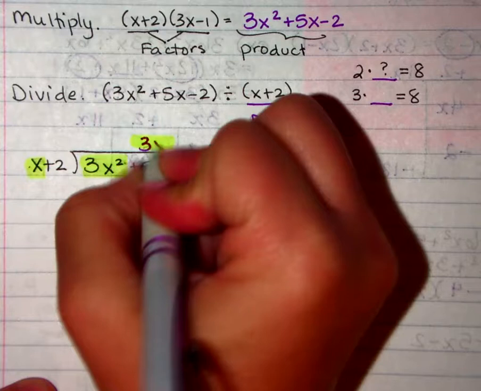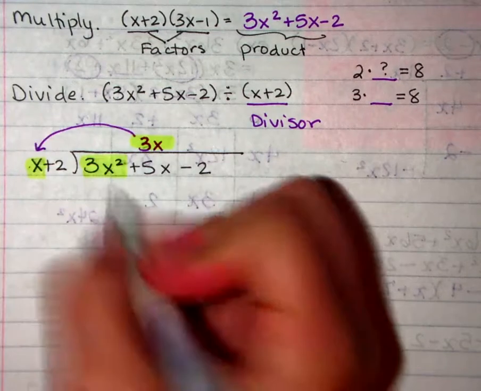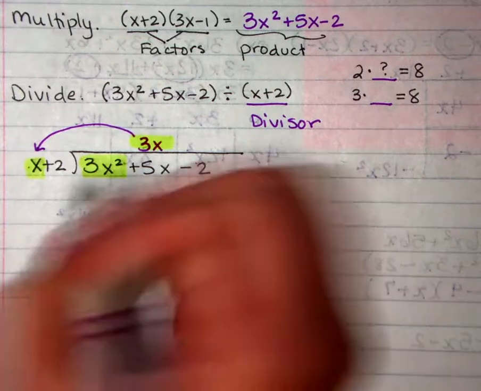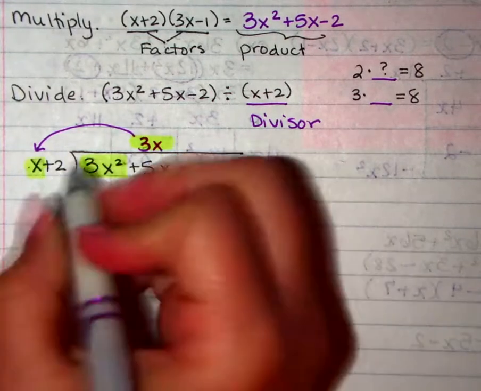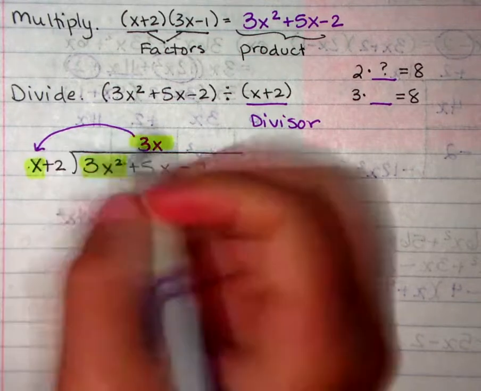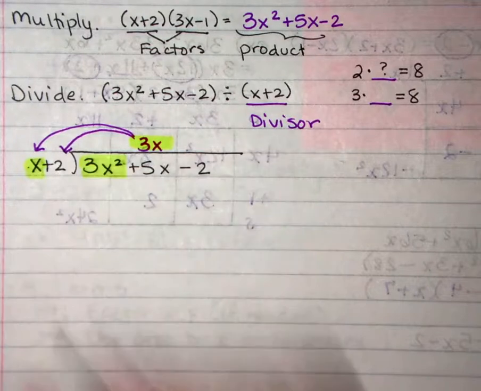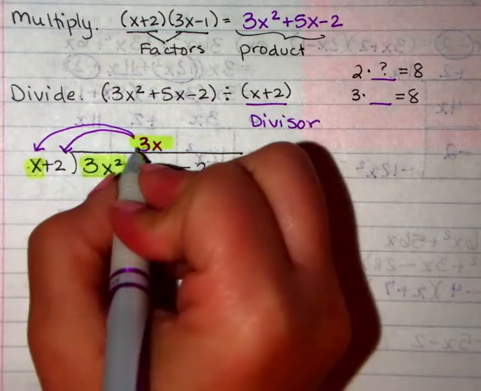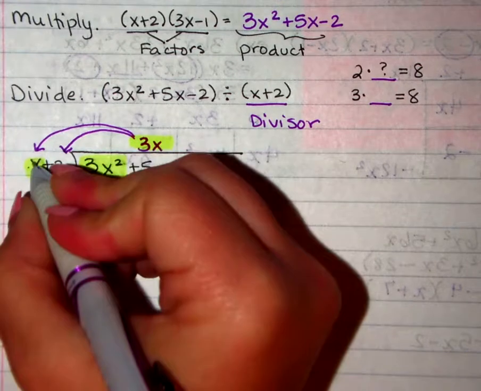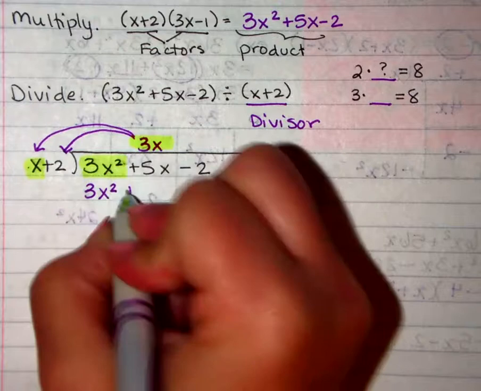Now I do need to consider the plus 2, because since there are two terms out here, I can't just multiply times the first one. I have to also multiply by the second. So let's do that multiplication. 3x squared is the first multiplication. 3x times 2 is a plus 6x.